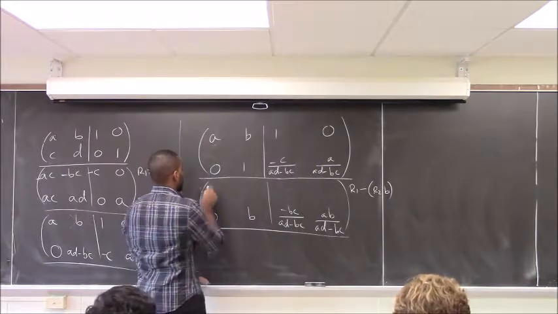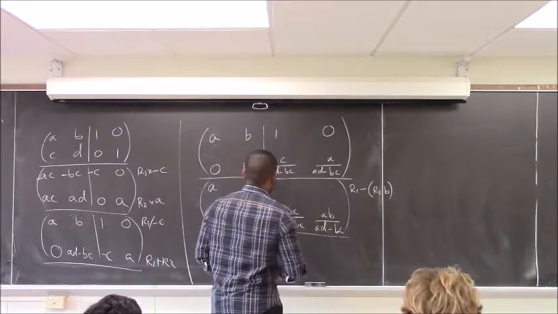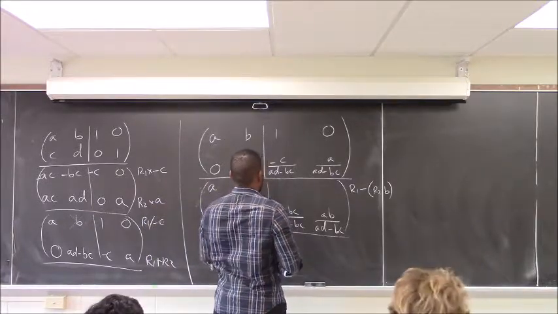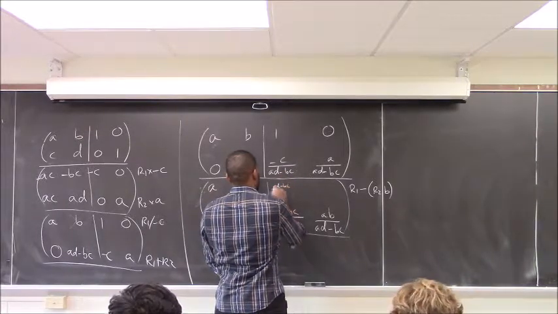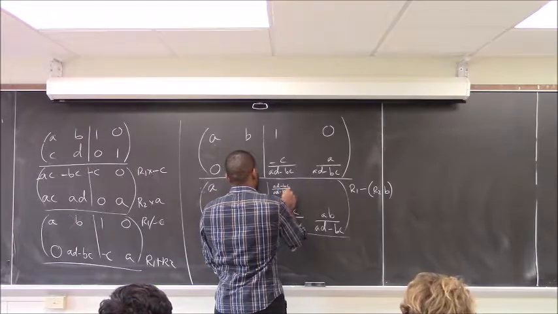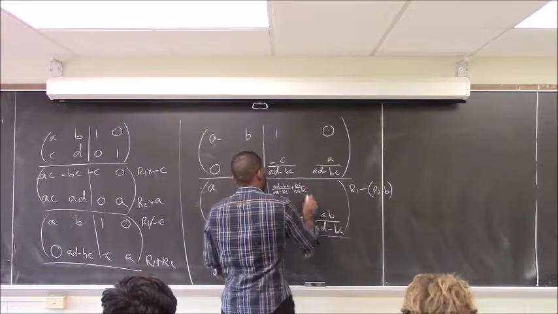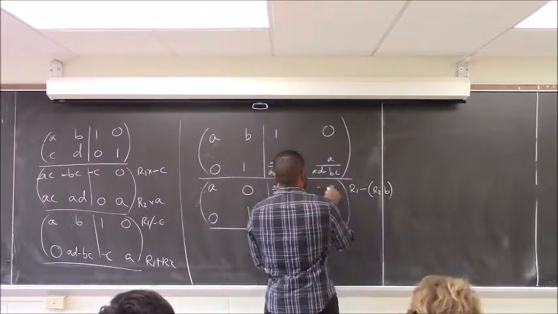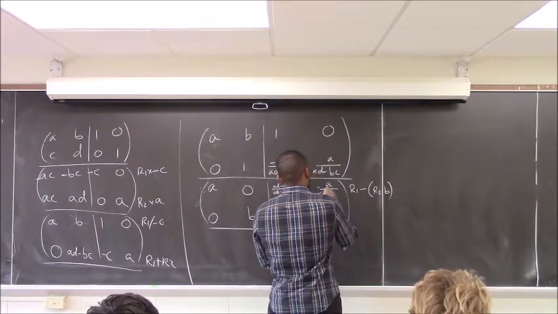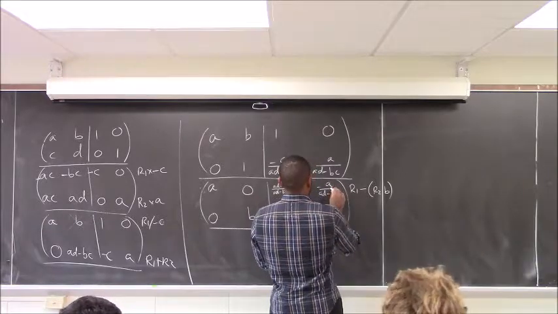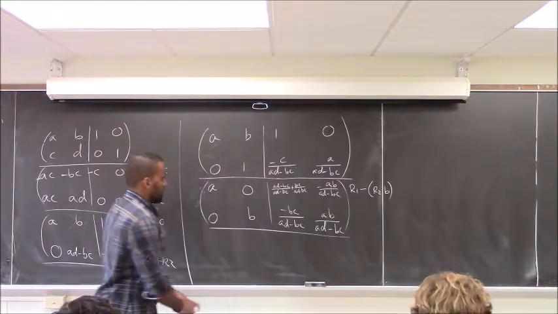So a minus 0, that's just a. B minus b, that's 0. 1 minus this, well, that's just AD minus BC over AD minus BC, minus what's going to be plus BC over AD minus BC. And 0 minus that is going to be minus A over AD minus BC.